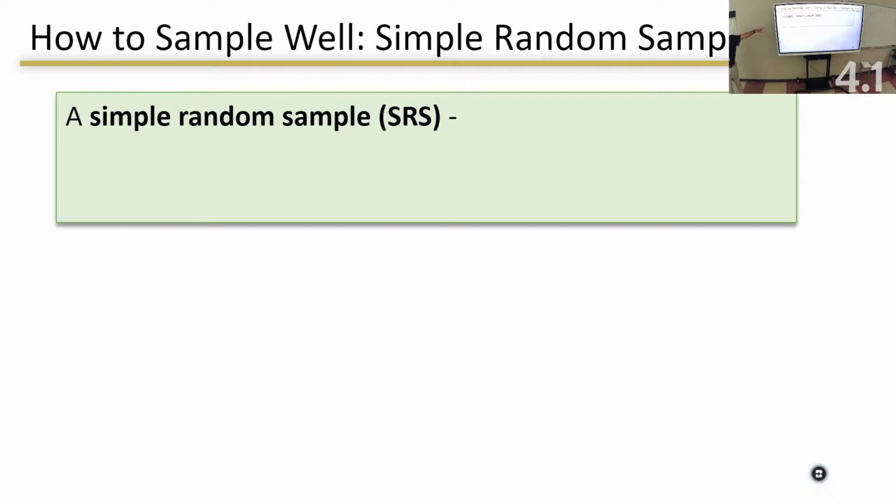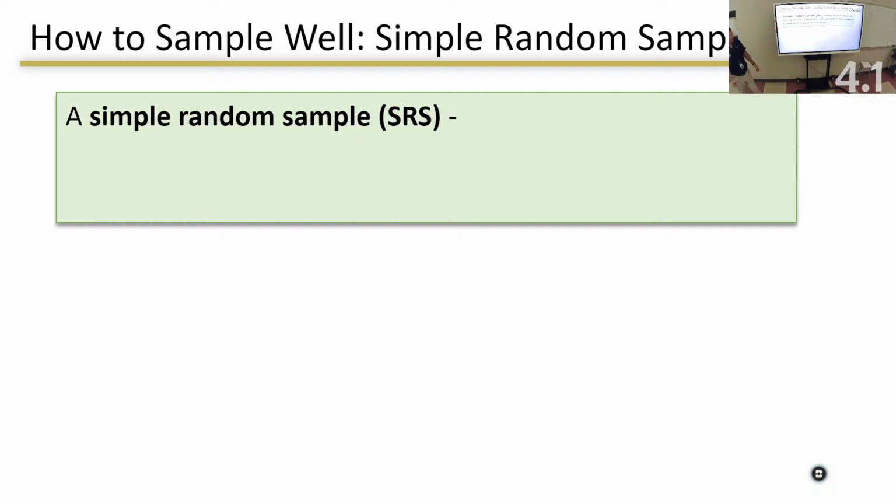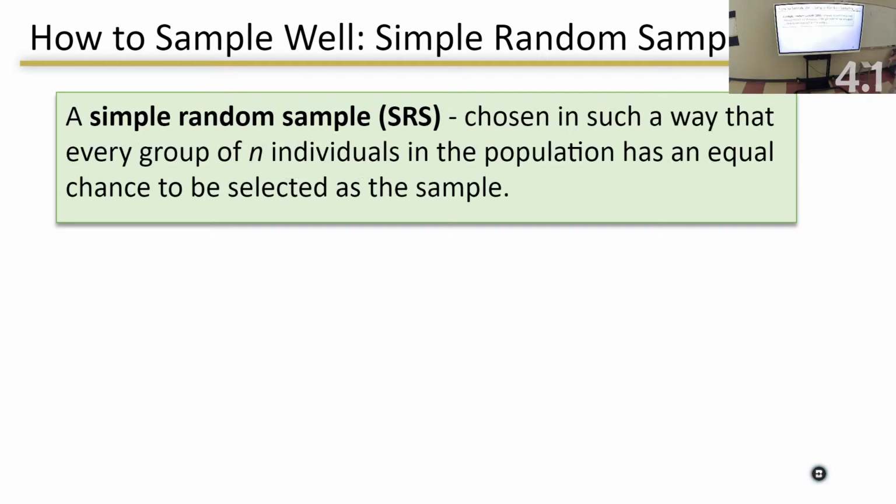SRS, simple random sample. And a simple random sample chooses a way, you don't want to write that definition. That's almost more confusing than it is. Every person or group has an equal chance of being selected. It says every group. I think that's a little confusing, but SRS, it's just a random sample.